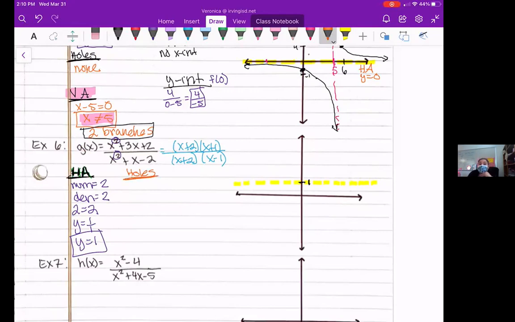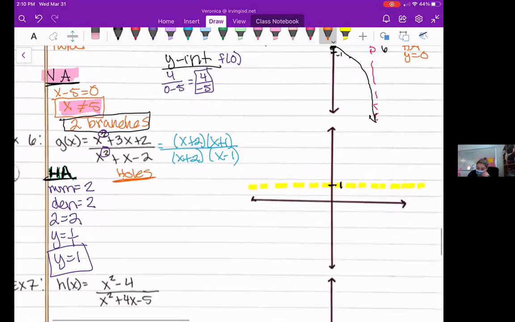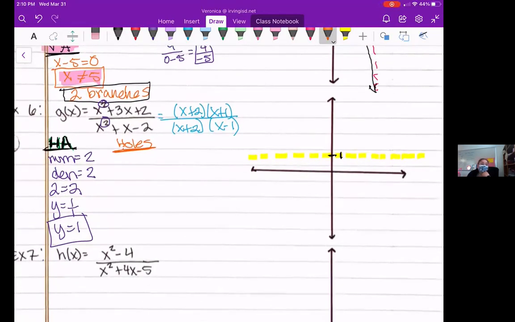Okay, so looking at the factored form, do I have any holes? How do I know if I have a hole?